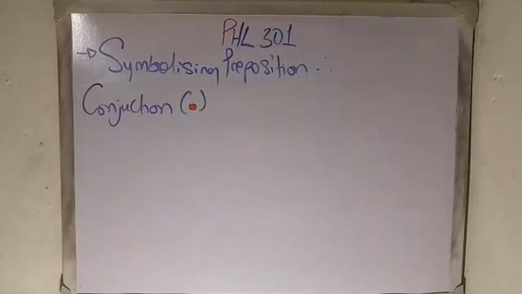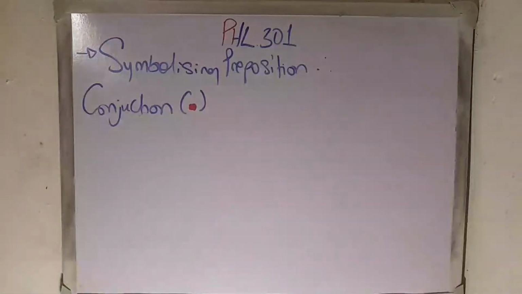To obtain the conjunction of two propositions, we place the conjunction sign in between the signs of the two propositions, called conjuncts. Let's do that again.